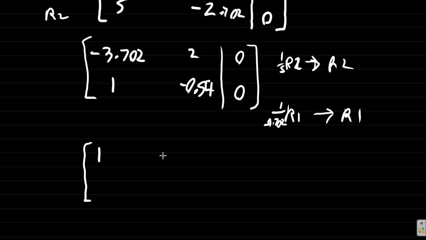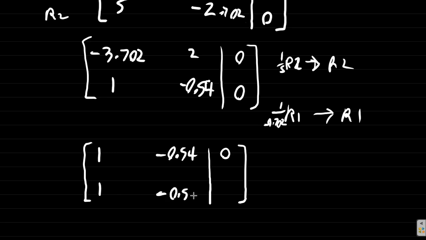And then 2 over negative 3.702 gives us negative 0.54. When we divide 0 by it, 0 remains as it is. We have 1, negative 0.54. Alright? And 0 is here.